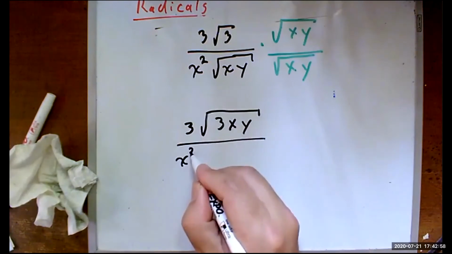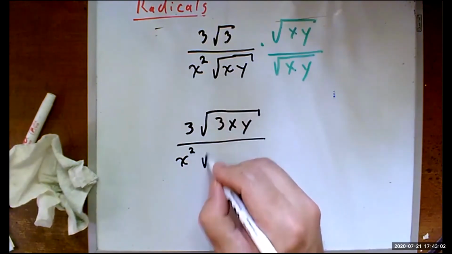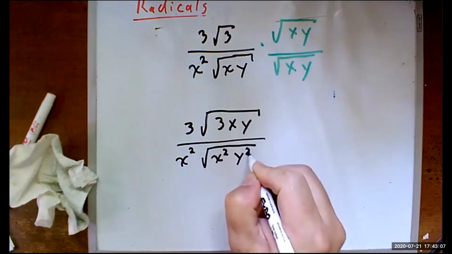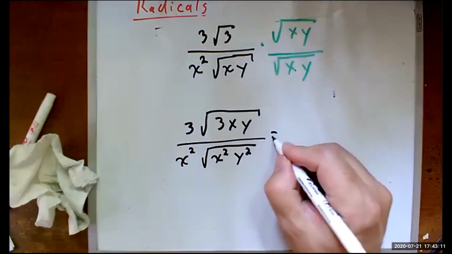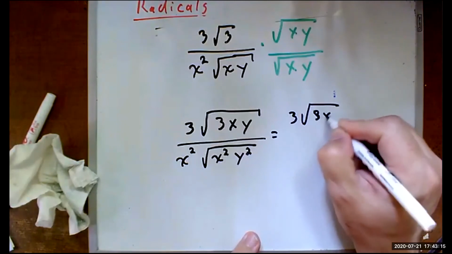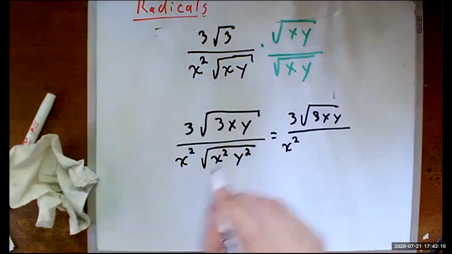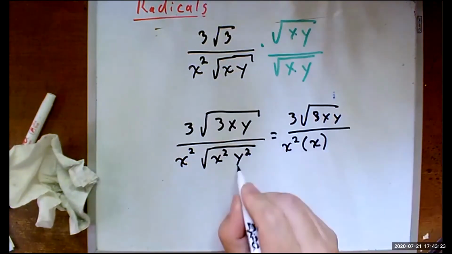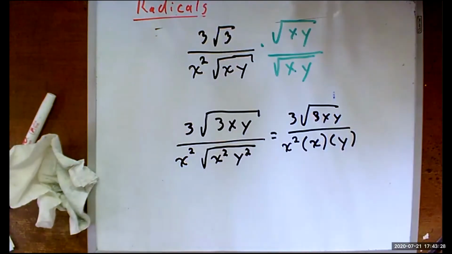On the denominator, if I do this out in excruciating detail, the x squared comes for the ride. Square root xy times square root xy ends up being square root x squared y squared. The top is just going to continue to come for the ride for a little while, so that's 3xy. The x squared comes along.